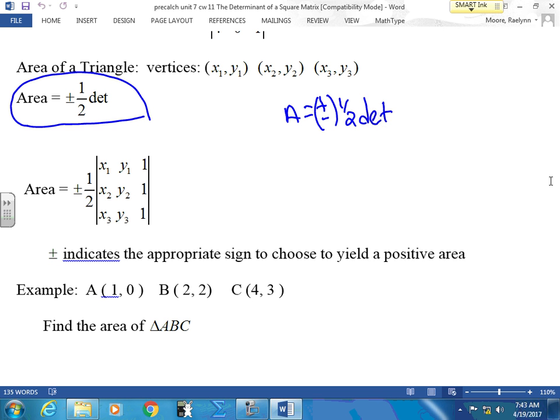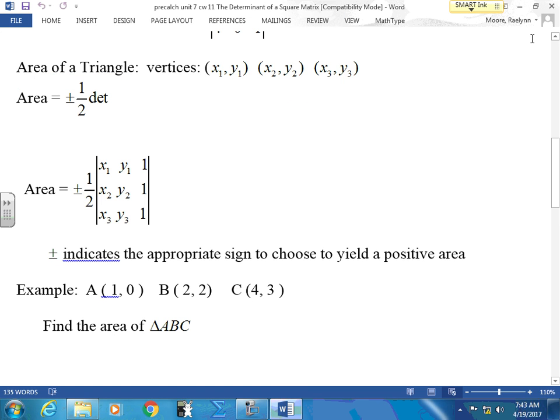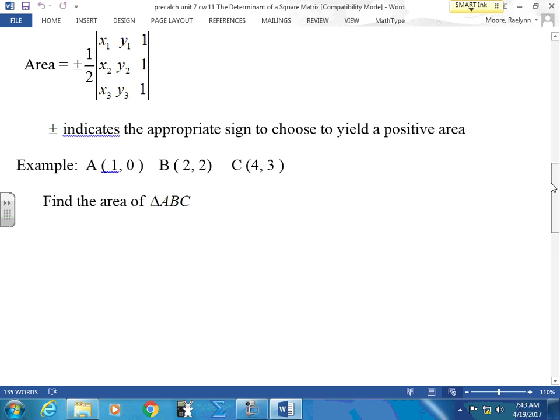So if your area comes out with a negative determinant, then you have to use the negative sign to make it positive, which your area always has to be positive. It's the same thing as if you took the absolute value of your determinant. The reason we don't do that is because it's the same lines as your determinant lines. Yeah, but that is absolutely what it is. It just happens to be the same symbol, so we just write it differently.